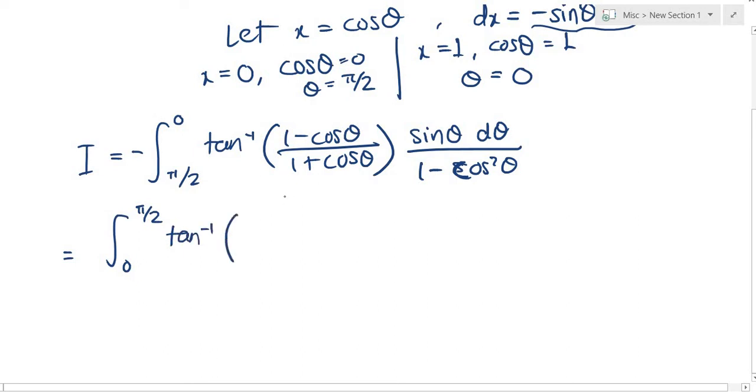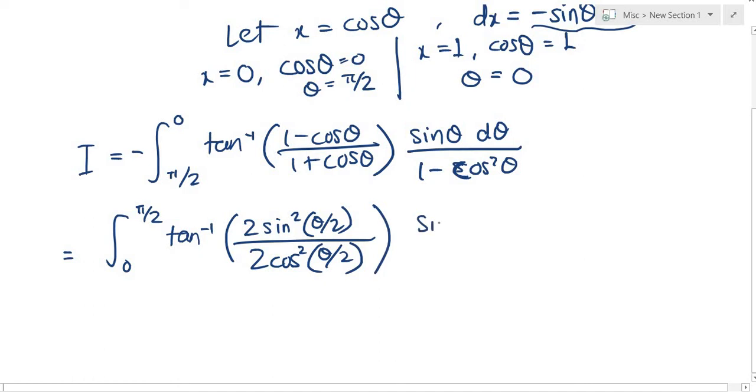Now we can directly use the identities that I discussed with you on the last page. So we have 2 sine squared of the half angle theta by 2, divided by 2 cosine squared of the half angle theta by 2, and then we have sine theta d theta over 1 minus cosine squared theta, which is sine squared theta. Okay, great.